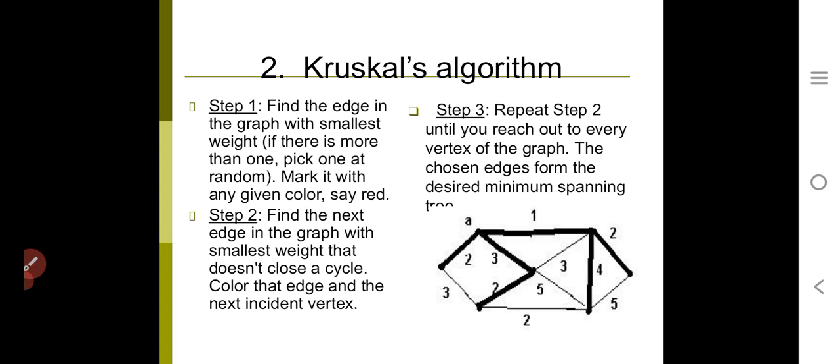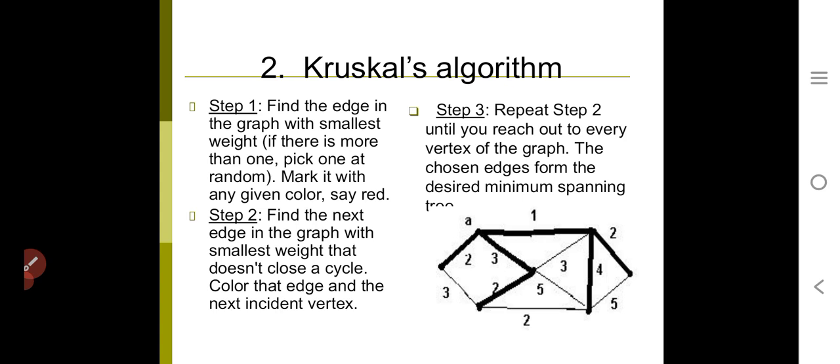This is one of the methods to find the minimum spanning tree, by coloring a vertex or edge. First we find the edge in the graph with the smallest weight and color it. Then again we find the smallest weight in the graph and make another color on that edge.